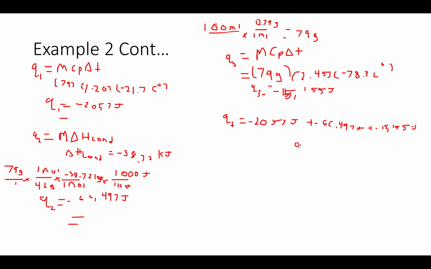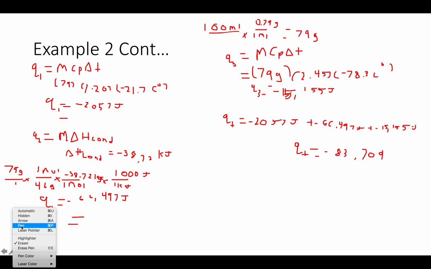So Q total equals negative 83,709 joules. And that's our final answer. Whoops, that should say joules. And that is our final answer, negative 83,000.